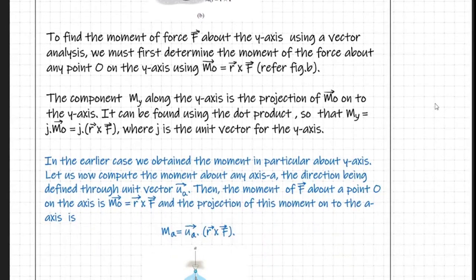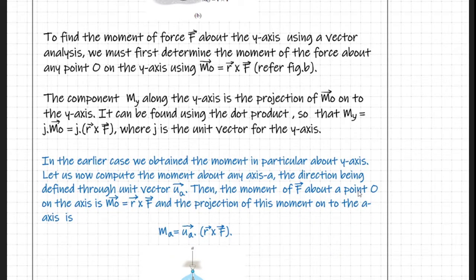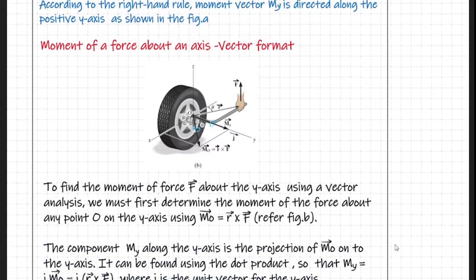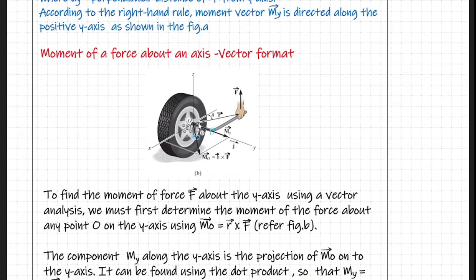Now based on this understanding, let us evolve a procedure to find out the moment of an applied force about any axis given in space. In this example, we were discussing the computation of the moment about the y-axis. So instead of the y-axis, let us choose any arbitrary axis in space.